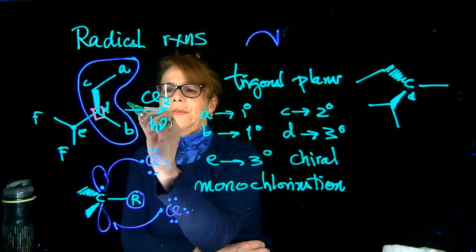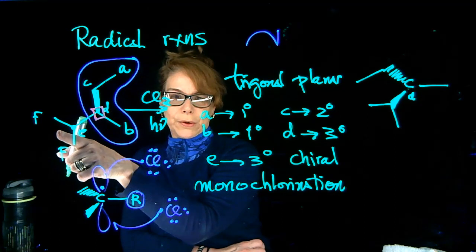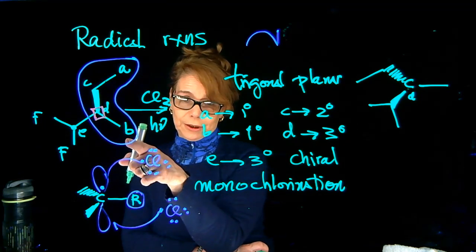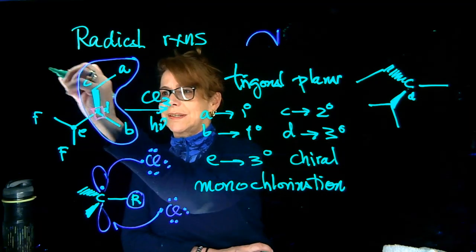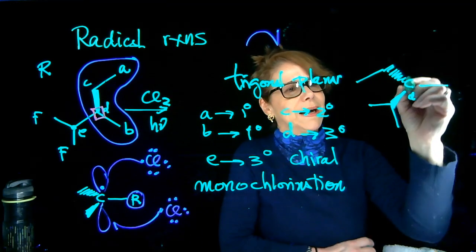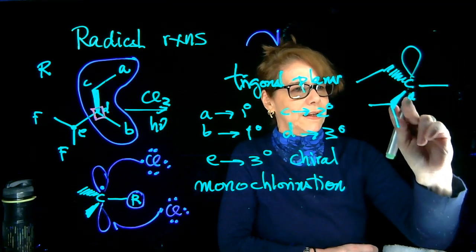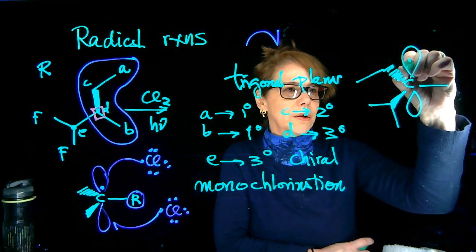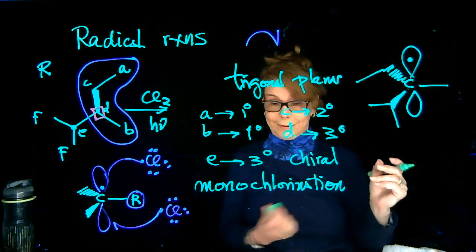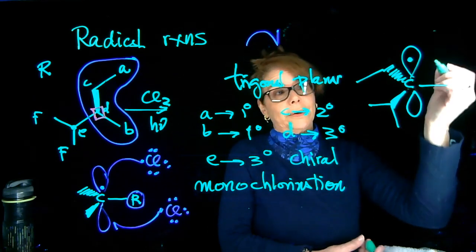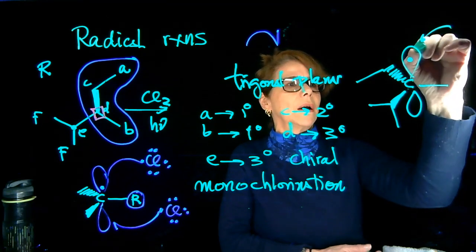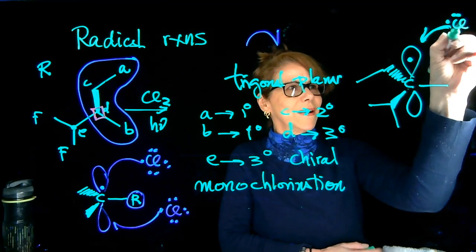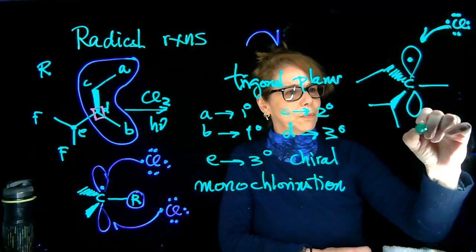So in here you see the highest priority is the isopropyl. Then you will have the ethyl, then the methyl. The hydrogen is in the back, so this is actually R. But once you remove the hydrogen at the center, you have that. That's no longer chiral, so it is trigonal planar, and you can have the attack of chlorine on either one side or the other side of the plane.